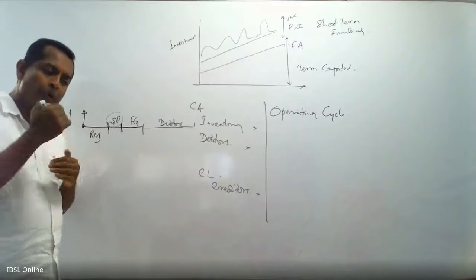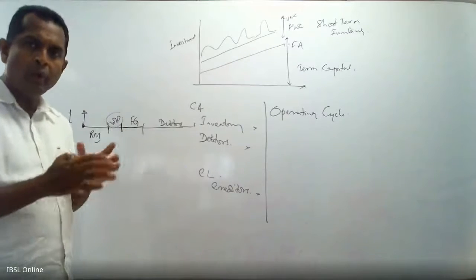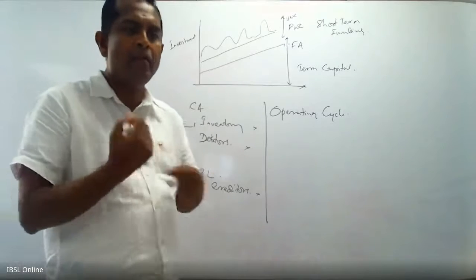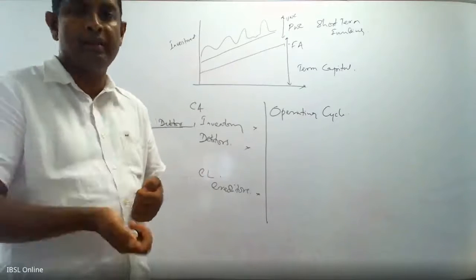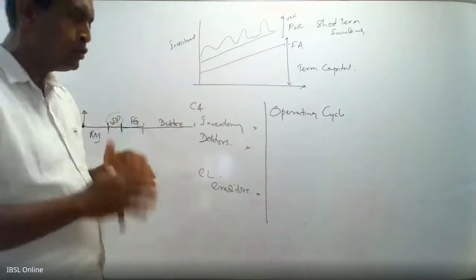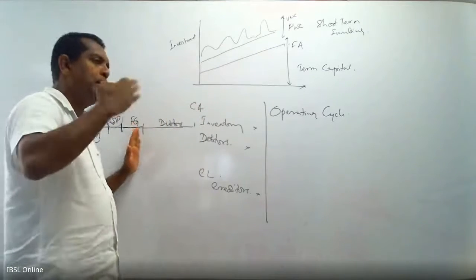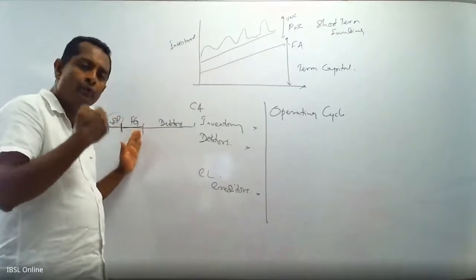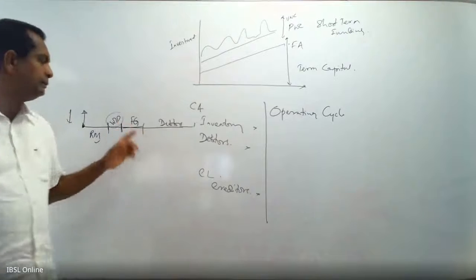Then once you produce the finished good, you will hold finished goods for a while, because as and when you produce, you can't sell. You have to have some minimum stock remaining. We should be able to feed the market for some time without interruption.